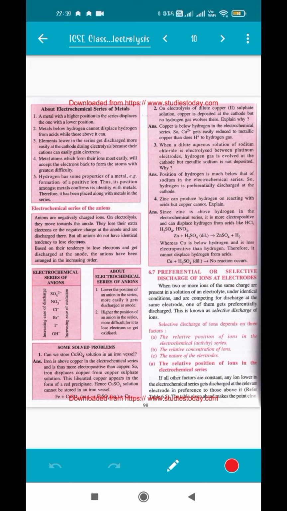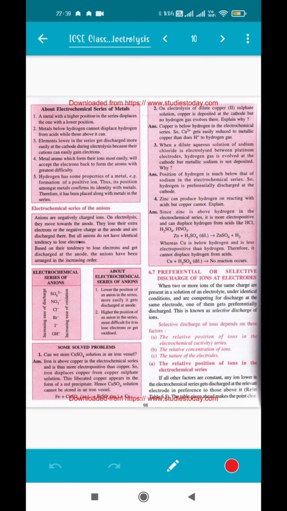We are going to learn what happens in case there are two anions or two cations present in the solution, which one will get discharged quickly and which one will not get discharged at all. Over here it has been written, the lower the position of the anion in the series, the more easily it gets discharged at the anode. Yes. So in the series we see first sulfate, then nitrate, and it goes on till hydroxide.